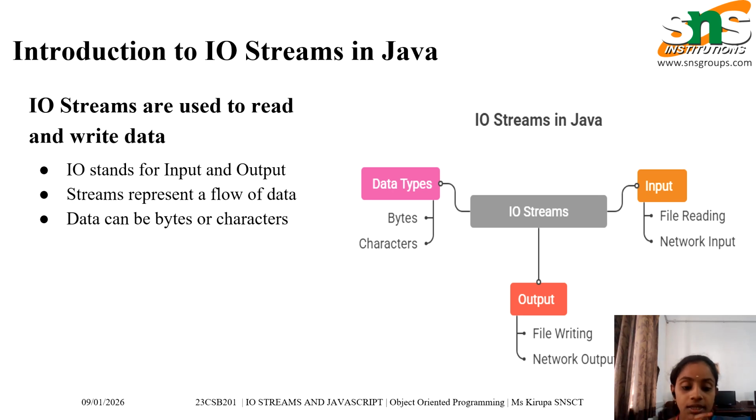In the case of input output streams, one end of the stream is connected to a physical IO device such as a keyboard or a display. This is how input output streams in Java work.